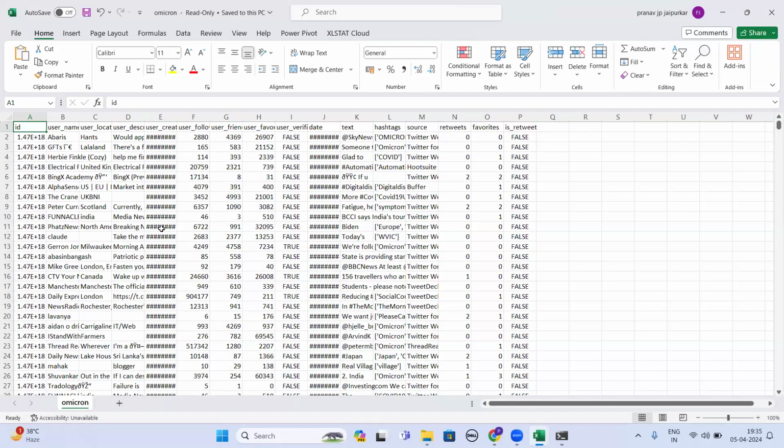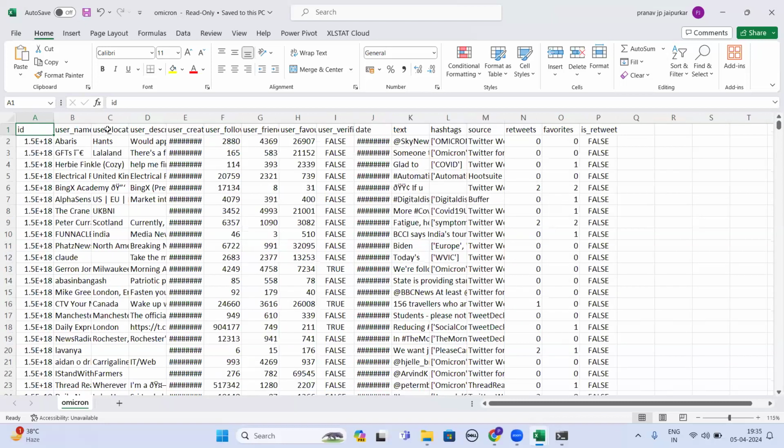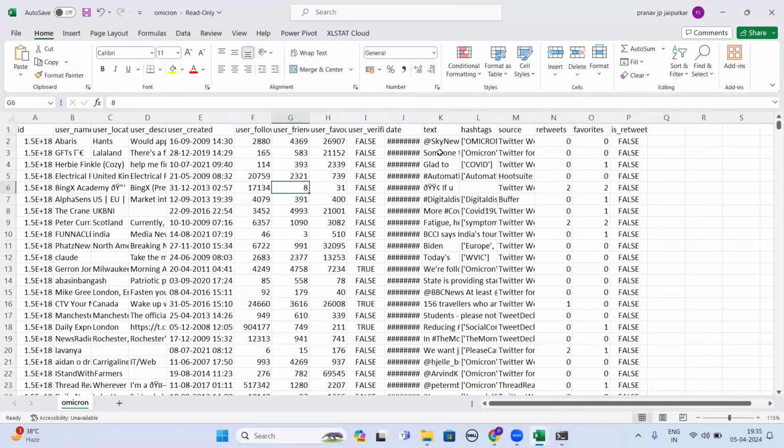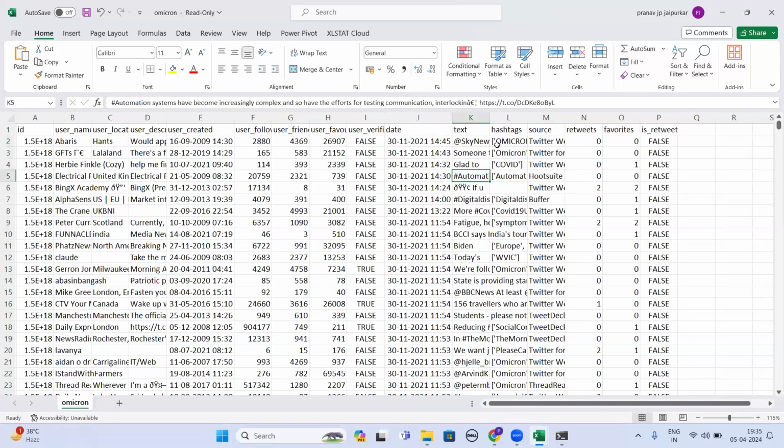So yeah, this is the ID, username, user location, the date, the followers, another date coming up over here, the text, the tags, and everything.